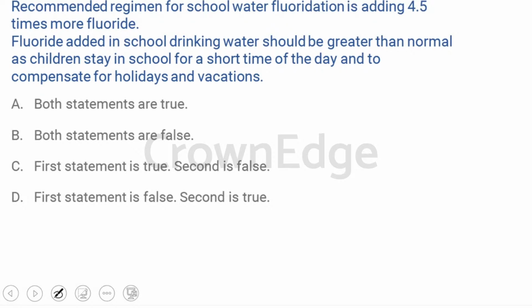So in order to compensate for that, you need to add more fluoride, which is usually 4.5 times more than the amount of fluoride that you add in a general water supply. Okay, and school water fluoridation is usually preferred in areas where general water fluoridation is not happening. Our target has always been children because that is when the uptake of fluoride happens, and with the eruption of the teeth, the effect of fluoride is better.